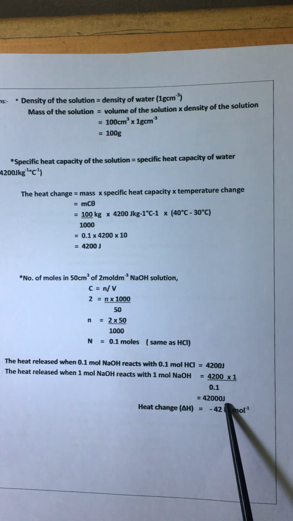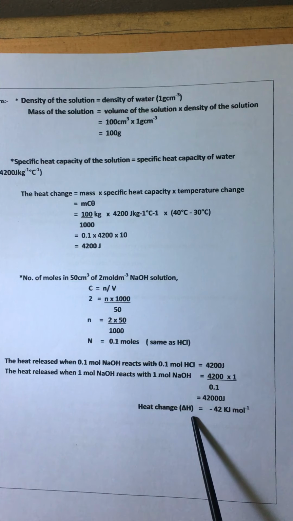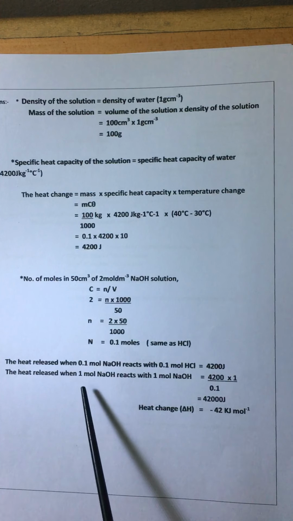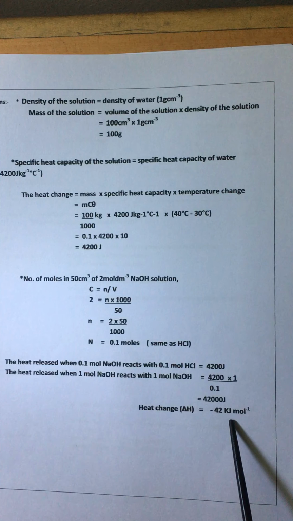When you divide this by 1000, you get the answer in kilojoules. So the heat change, delta H, is 42 kilojoules per mole. That means when 1 mole reacts, you are getting 42 kilojoules of heat released.